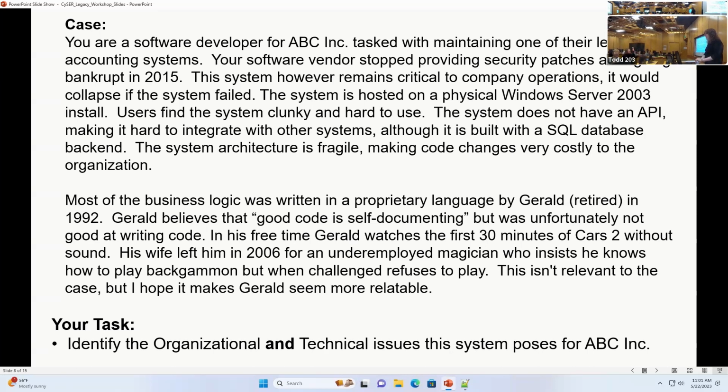I can deal with an SQL database, anything can interface with SQL. The business logic, if I ever need to change things, you might as well just rewrite the entire proprietary language. Yeah, I don't know, Gerald seems to be in a good place mentally.